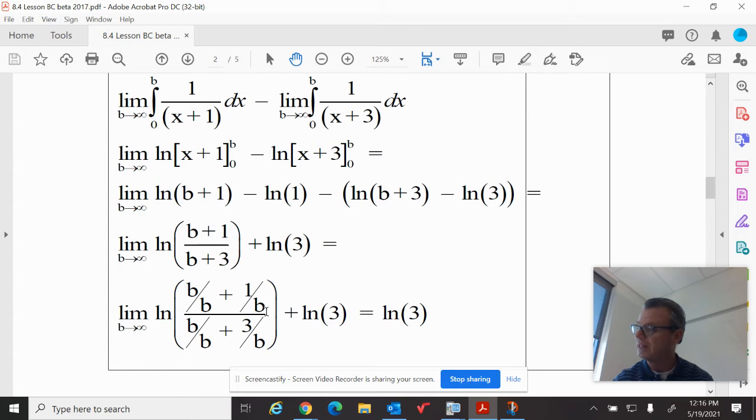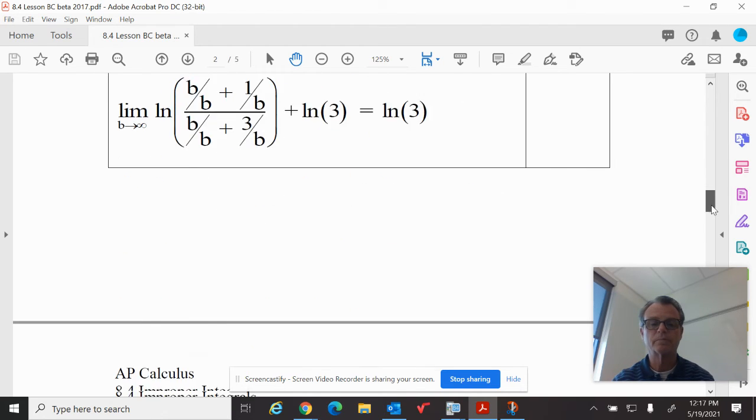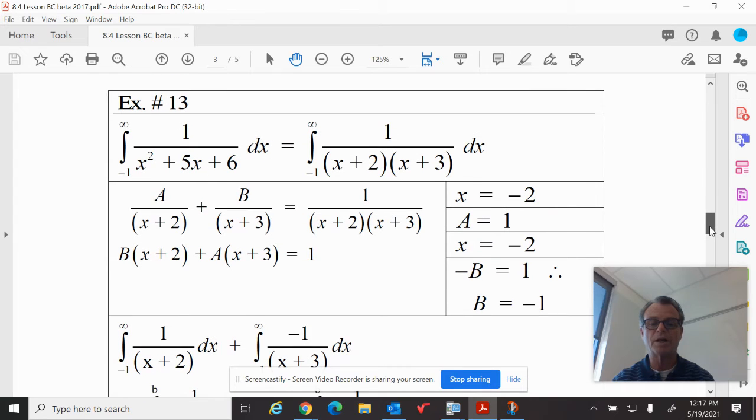Okay? So that's telling you that this thing has a value of ln 3. Okay, so we're going to pause the video and go to problem number 13. So 13, here's the fraction decomposition.